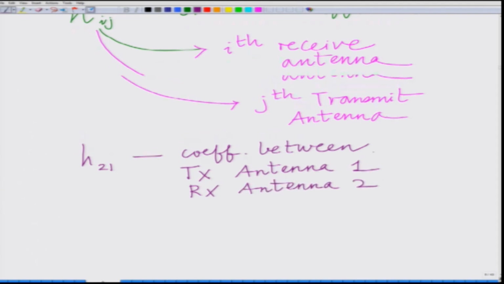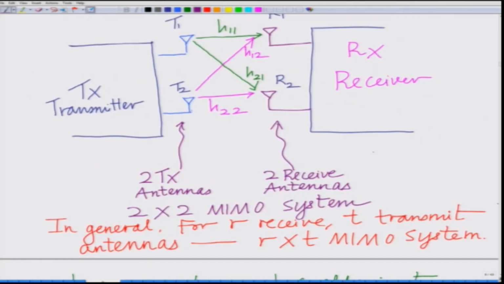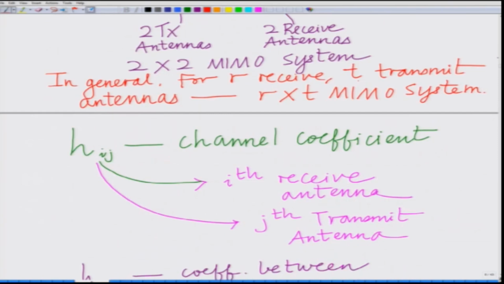And further, now if we look at our MIMO system, let us consider the symbol X1 transmitted from transmit antenna 1, X2 transmitted from transmit antenna 2, Y1 received on receive antenna 1, Y2 received on receive antenna 2.